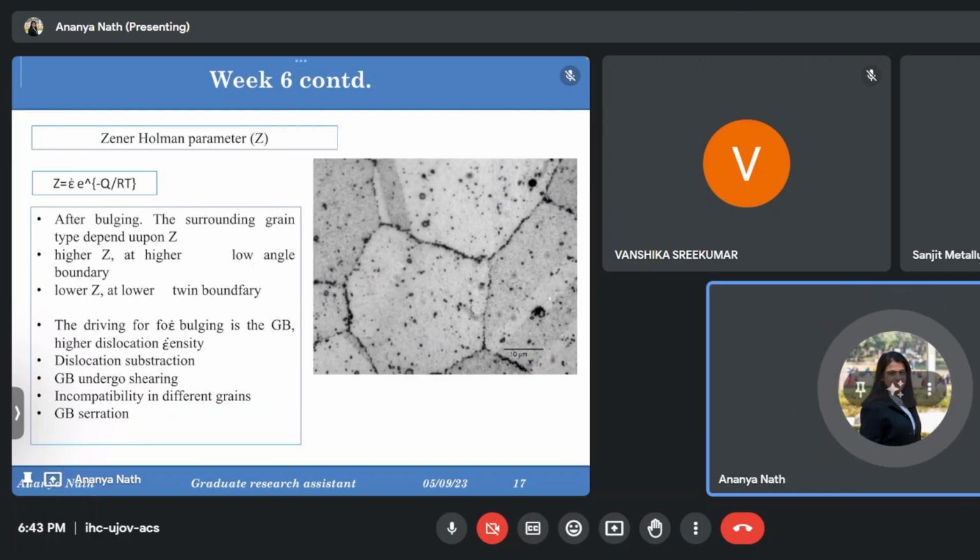So this is the reason we do not want the SFE to be high in the case of recrystallization. When the recrystallization is happening, we want the dislocations to stick at one point. They may get erased by the migration and rotation, because this migration and rotation is taking place with a bunch of dislocations.